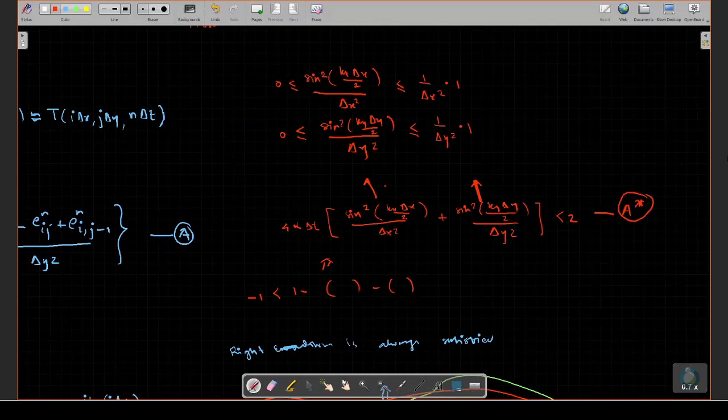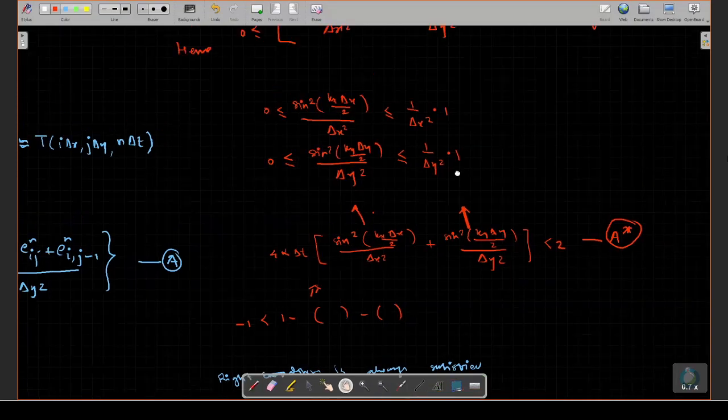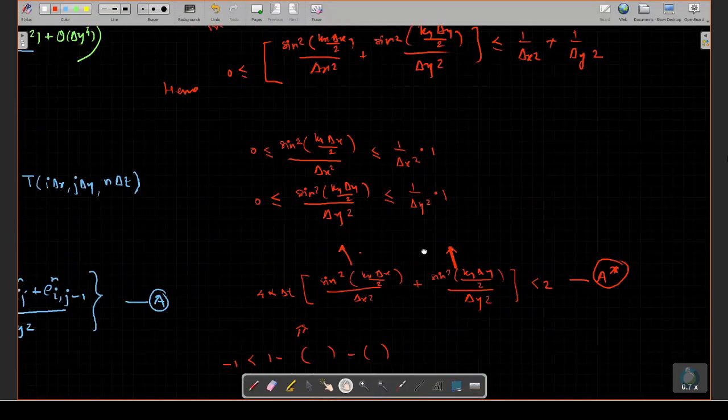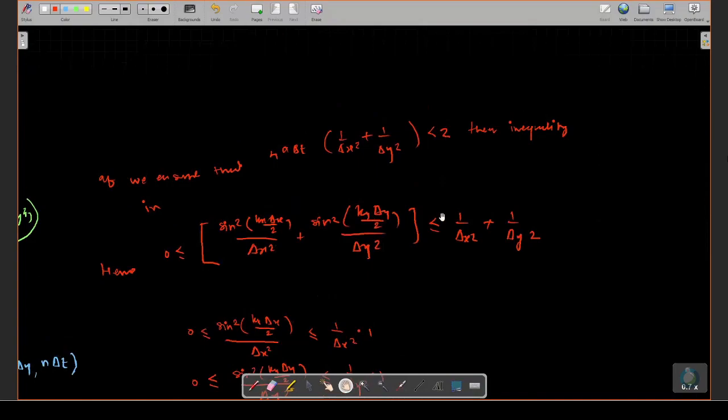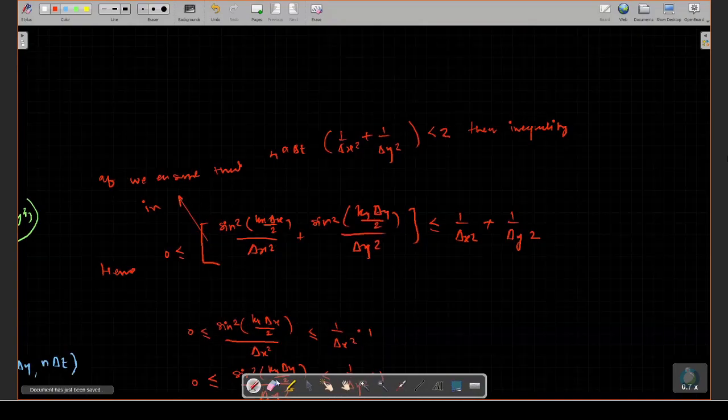So the inequality in A star will be automatically followed.